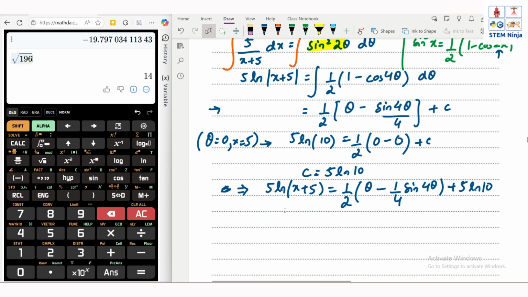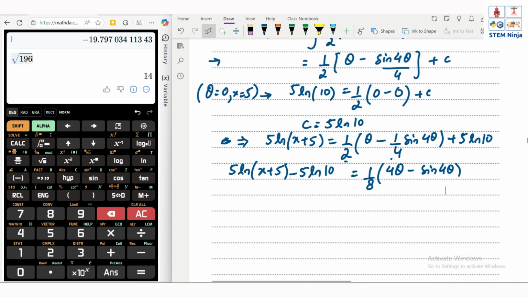So we take 5 ln 10 on the other side. So 5 ln of x plus 5 minus 5 ln 10 equals, we can multiply the denominators over here and make it 4 theta minus sine 4 theta.